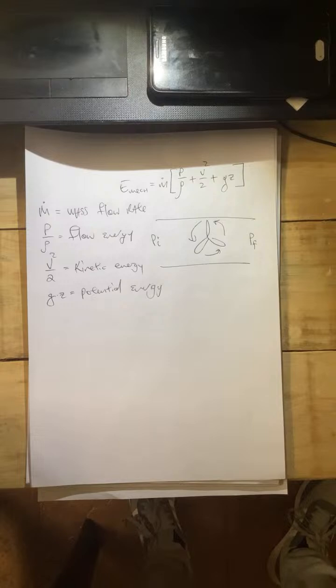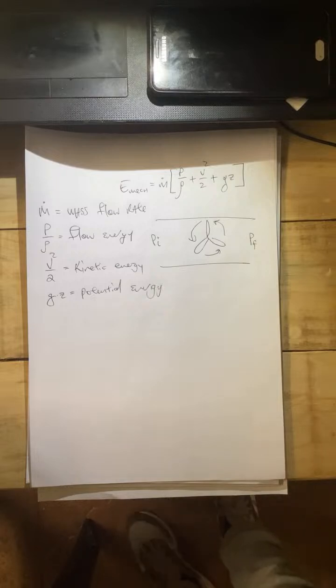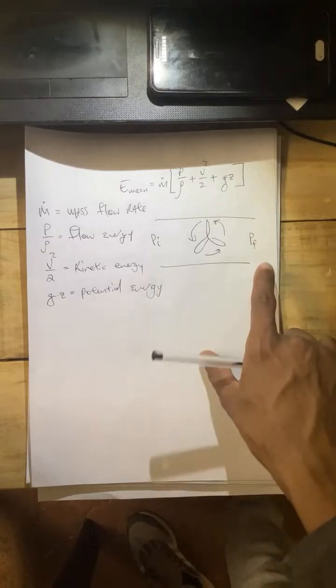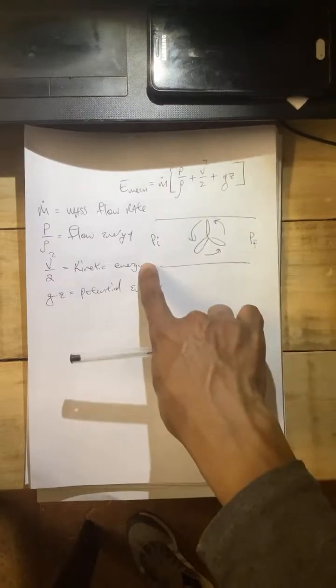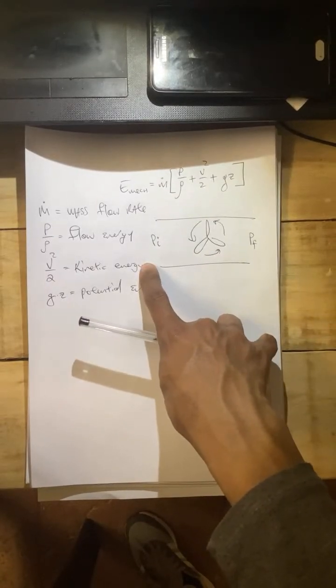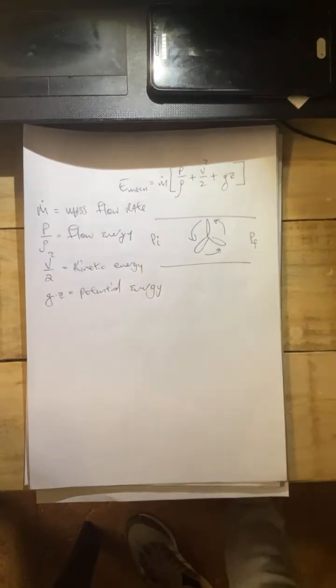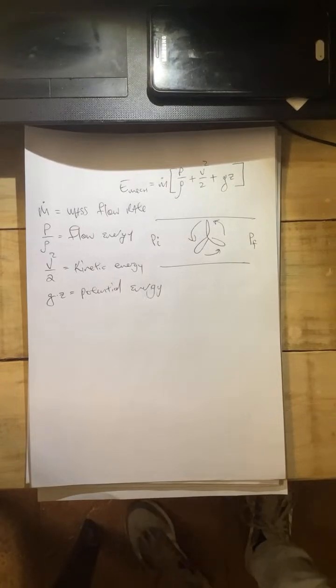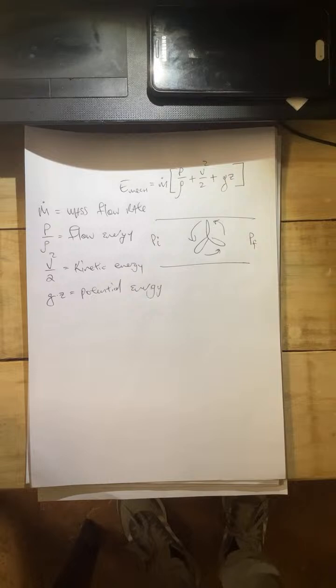We get the pressure part from the fact that it's atmospheric pressure. And what we do know about atmospheric pressure is that P final and P initial are actually the same thing, because atmospheric pressure in this case is assumed to be constant. That's the design assumption.